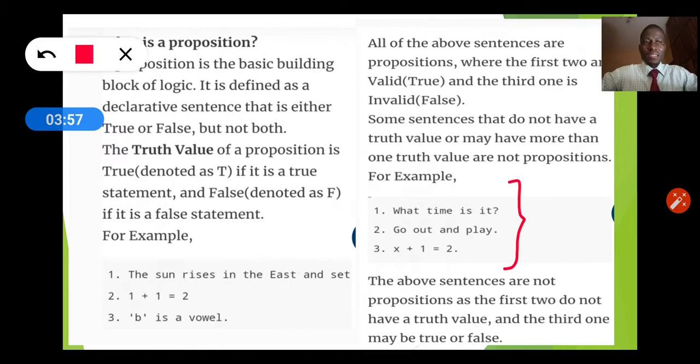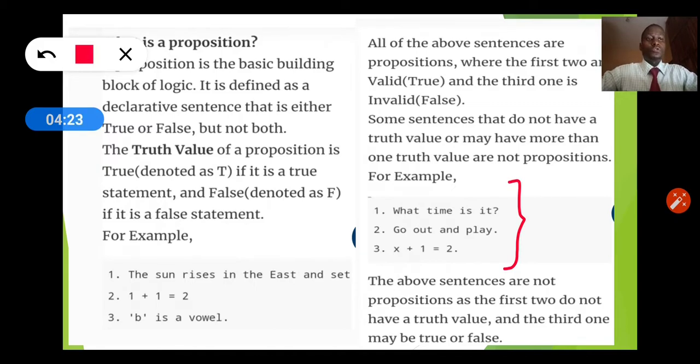A command is also not a proposition. As you can see, we cannot give an answer of true or false to this question. What time is it? The answer is not true or false. Because we cannot give an answer of true or false, it is not a proposition.